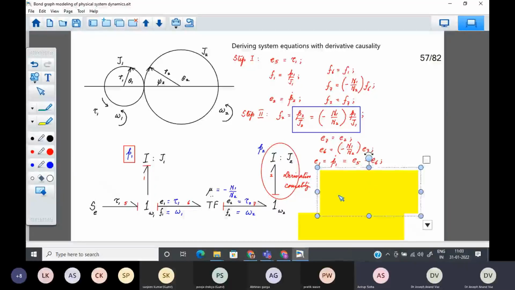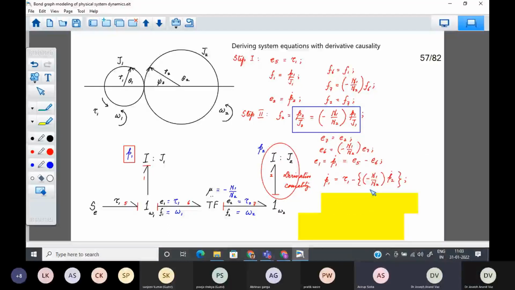So we can write P1 dot as tau 1, that is effort 5. It's effort 5 minus effort 6.